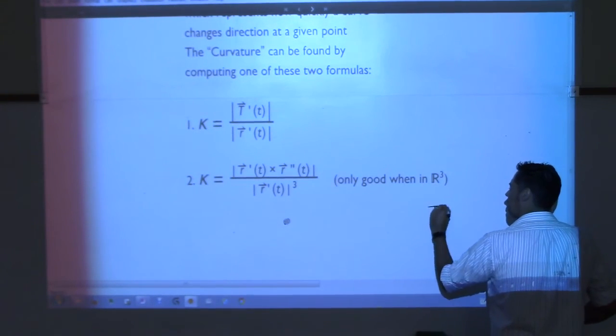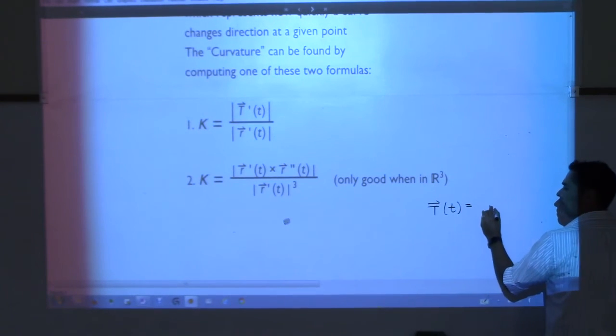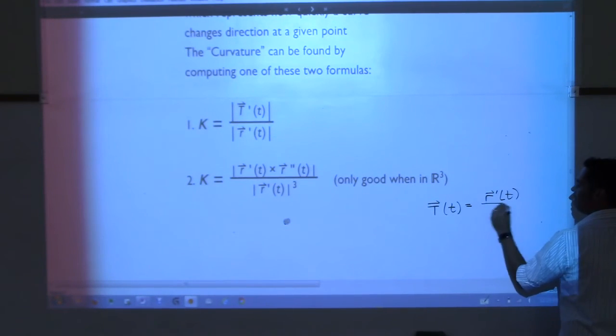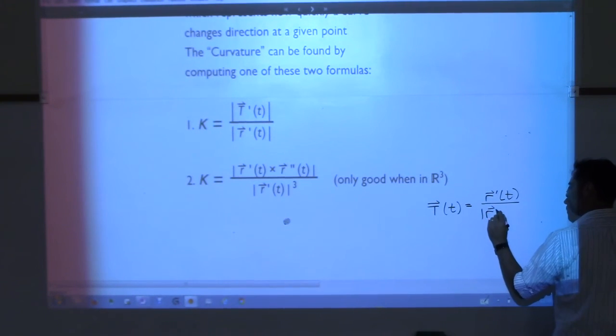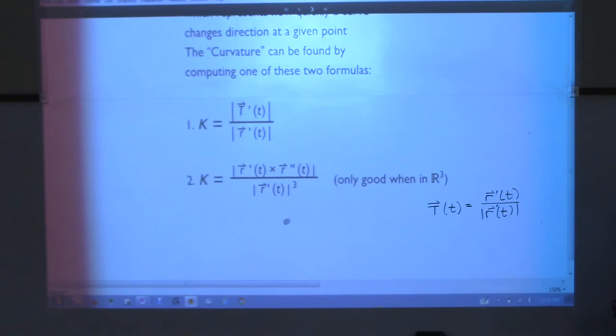Capital T of t is the derivative of r divided by its own length.